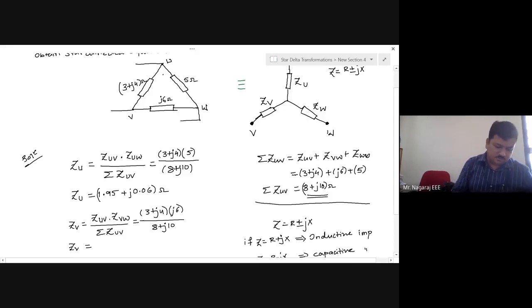This will come out as 3 plus 4i into 6i divided by 8 plus 10i, which is minus 0.073 plus 2.34i.